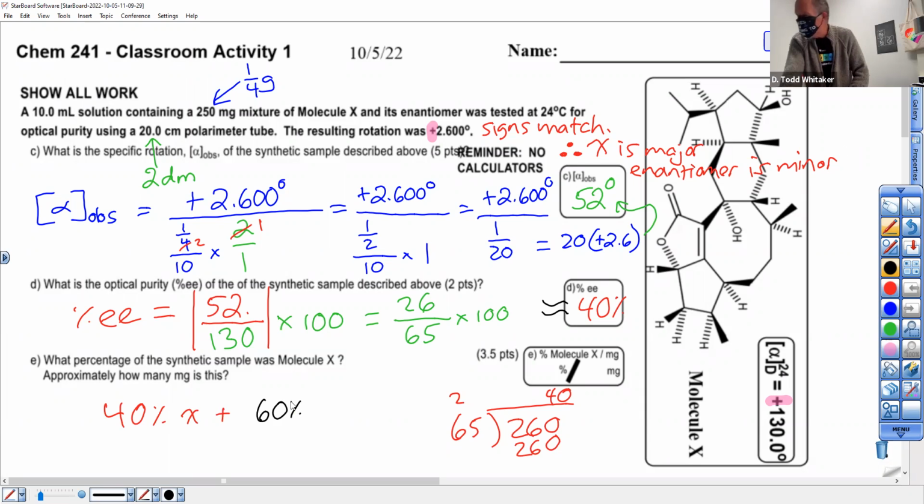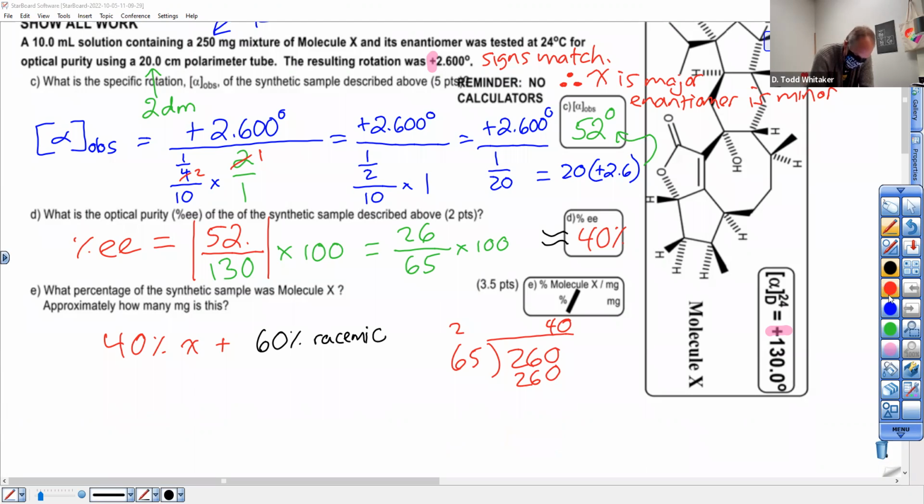I don't know if we got to it. We did get to that name, didn't we? 50-50 mix of two enantiomers? Yes. 60% of the solution is racemic. What's racemic again? 50-50? Well, that means you have 30% more X from the racemic portion and 30% enantiomer.